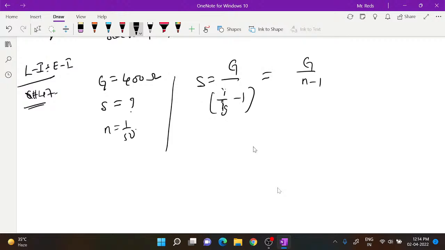So to reduce the sensitivity by 1 by 50 times, if you substitute here, you can take the ratio. The sensitivity of the galvanometer means the total current by the current of the galvanometer, which can be considered its sensitivity. So if you take it as 1 by 50 and substitute, what do you get?